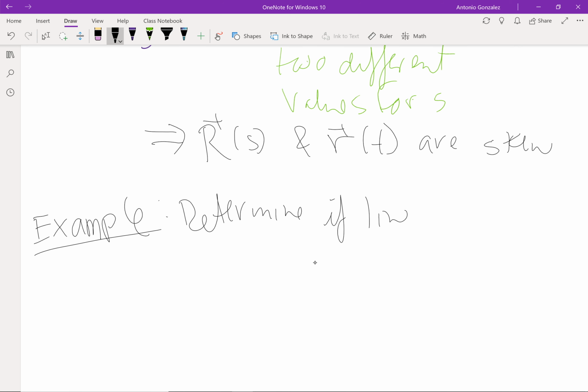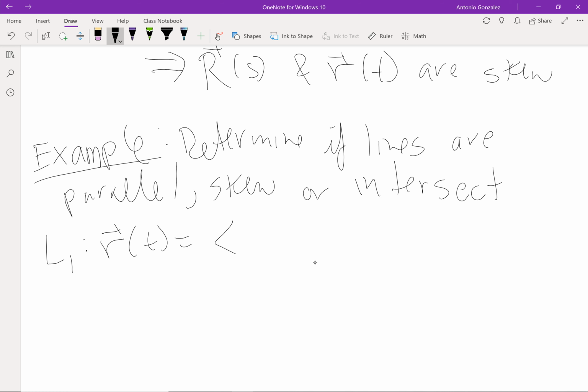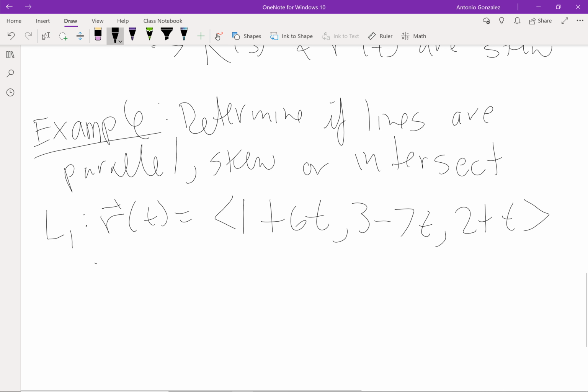Again, let's define L1 to be r of t equals 1 plus 6t, 3 minus 7t, and then 2 plus t. And L2, we use capital R of s, and then here we'll have 10 plus 3s, 6 plus s, and then 14 plus 4s.